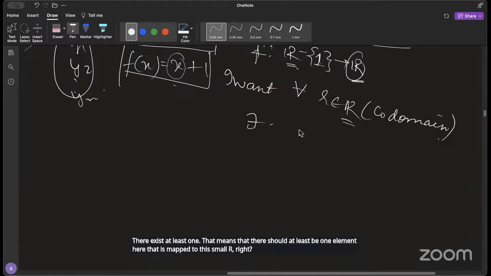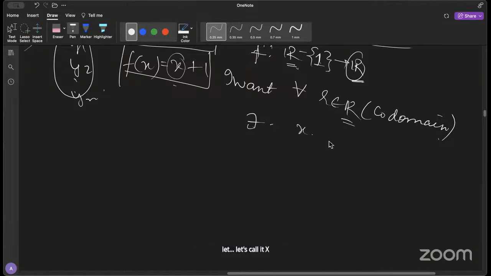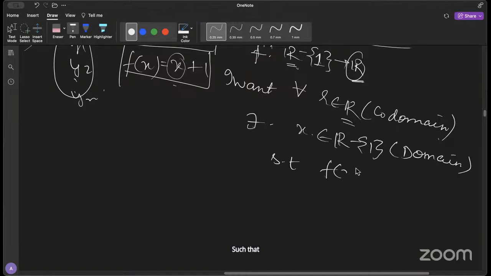There exists x belonging to the domain R minus 1 such that f of x is equal to r.